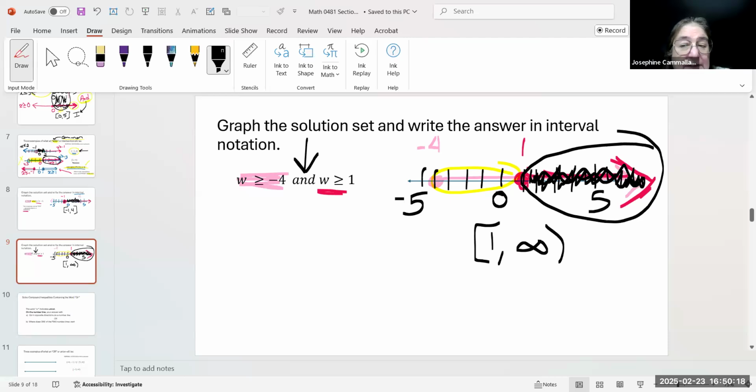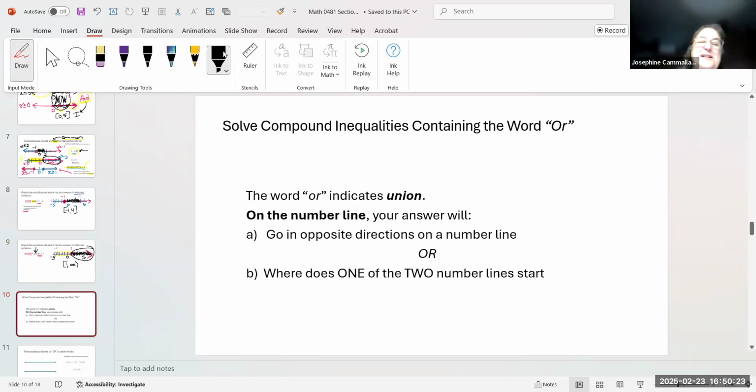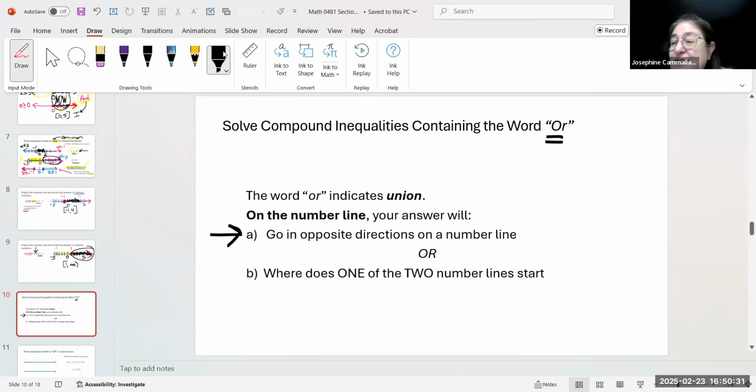Okay? This is the and. Now, enter the or. Now, the or is the easiest part. You're going in the opposite directions.